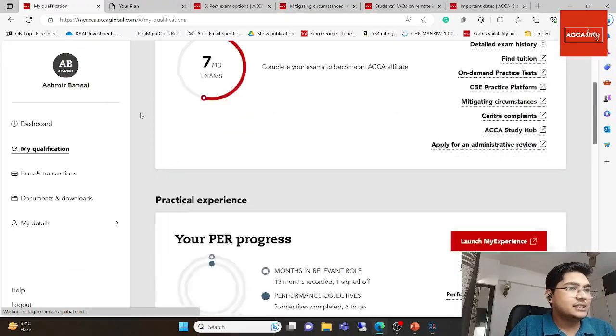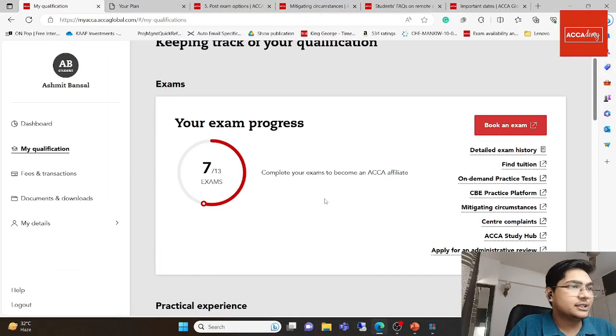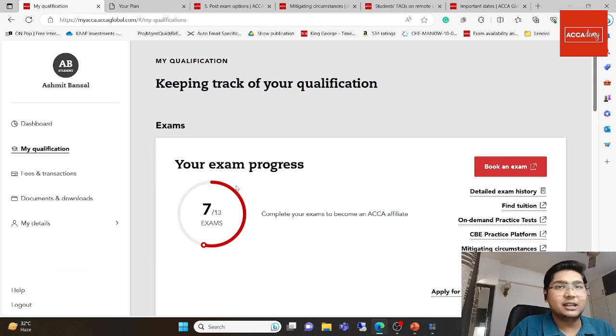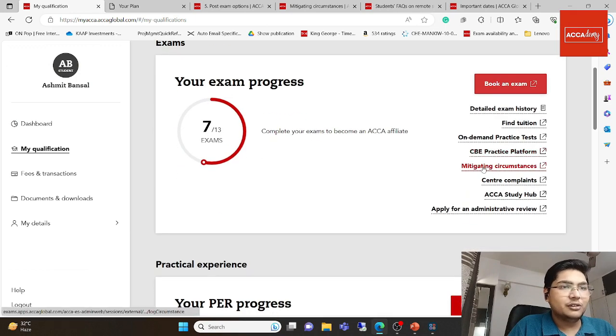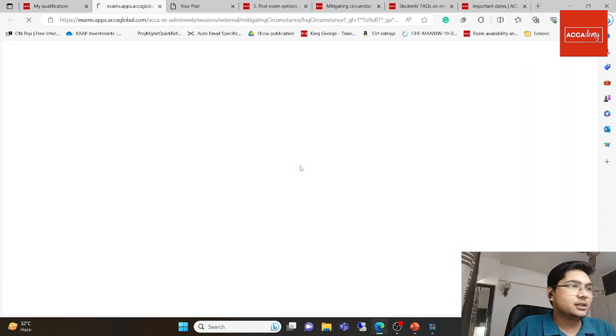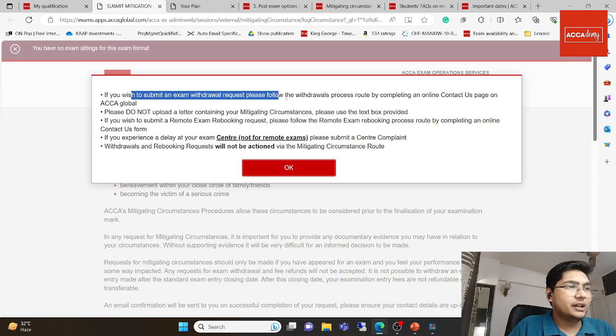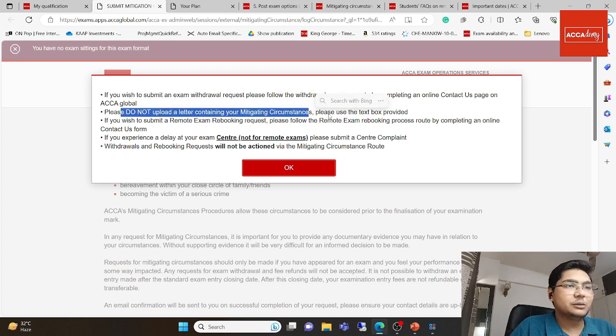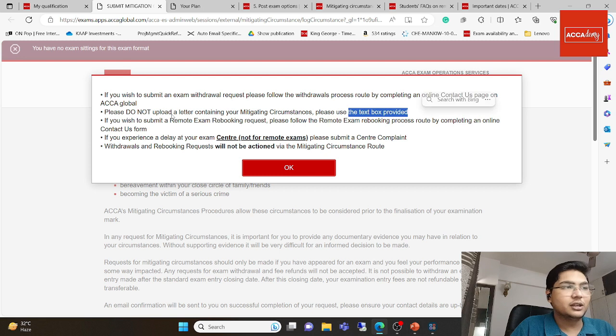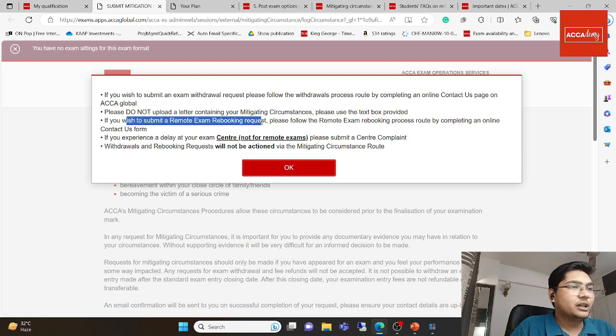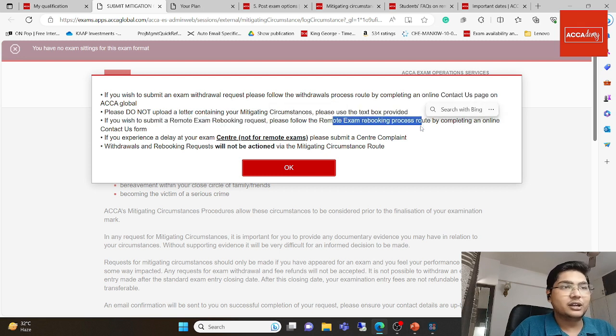Now, in My ACCA, where do you find the mitigating circumstances? As you can see, this is the My ACCA portal, and you have mitigating circumstances just in your exam process tab. You can click on mitigating circumstances, and it shall open. If you wish to submit an exam withdrawal, follow the withdrawal process. That is the cancellation. Please do not upload a letter containing your mitigating circumstance. Please use the text box. If you wish to submit a remote exam rebooking, please follow the remote exam rebooking.